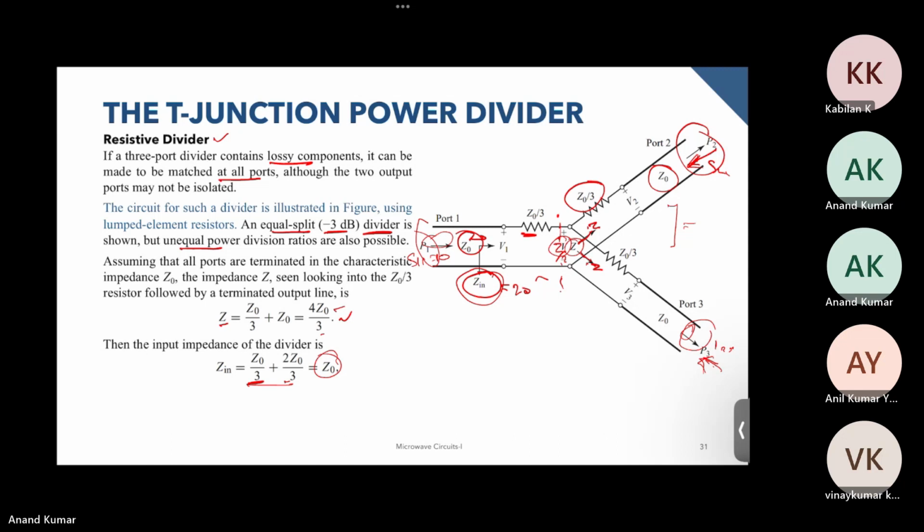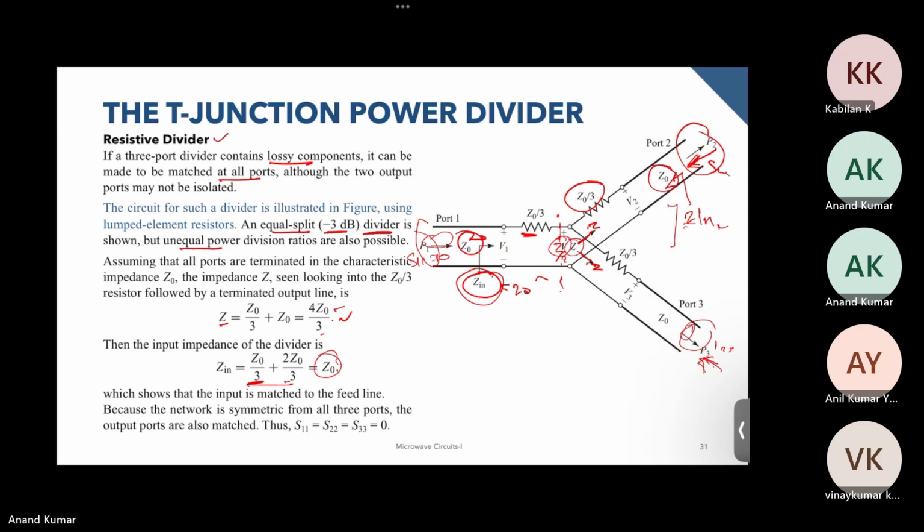So this is matched, and since this is symmetric, if you started the calculation from any of the other ports as well, it will appear the same. So all the ports are matched. If you try to calculate the Z in over here or over here, they all will turn out to be Z naught, which is equal to the characteristic impedance of the transmission line next to them.